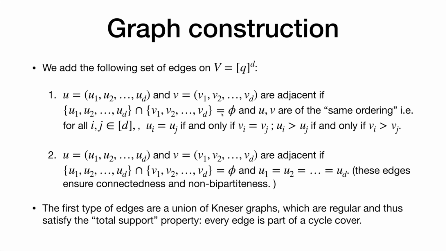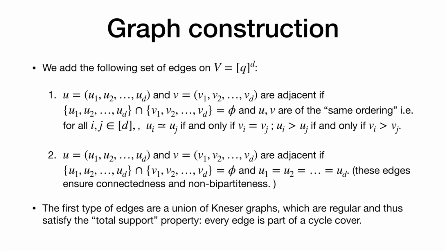By adding edges in this way, for every ordering, the edges that we add form a condenser graph, and condenser graphs are regular, and once the graphs are regular, every edge is part of a cycle cover. So the way we add edges ensures that every edge is part of a cycle cover.